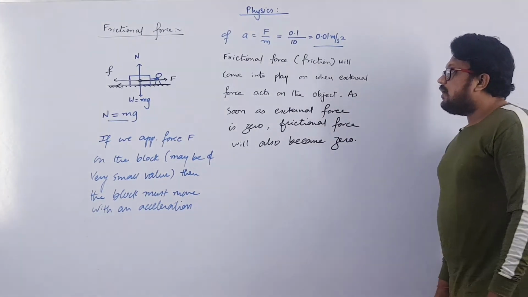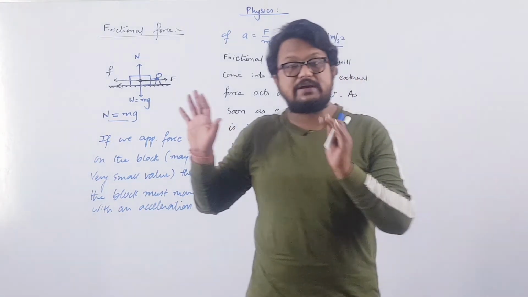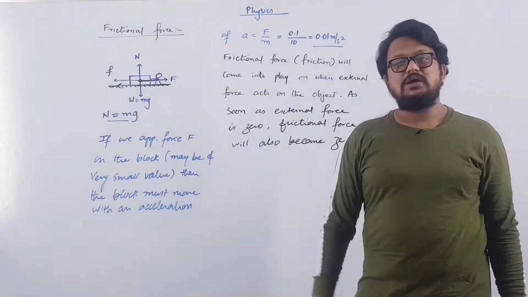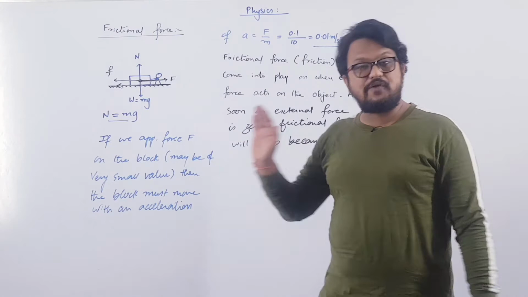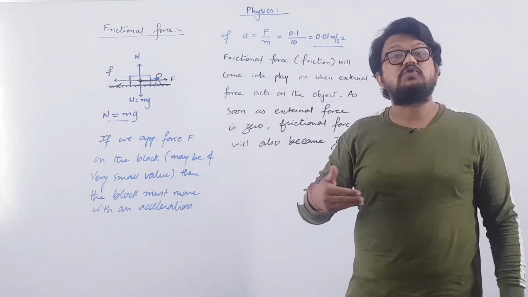Clear? So one most important thing that we were discussing: suppose initially I was applying only 0.1 Newton of force. Now suppose we have increased the force by 1 Newton, still the object is at rest, which means frictional force is also increasing, right?